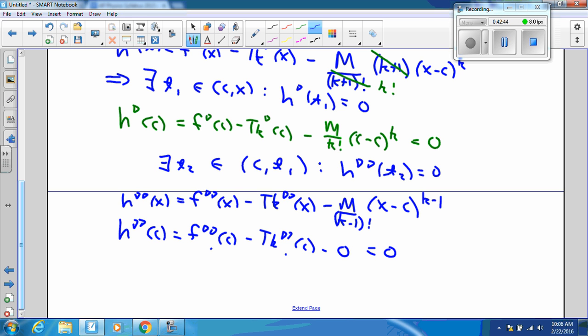And so we have a function that is continuous and differentiable, and it has two equal values at t2 and at c, so we apply Rolle, and what will we conclude from Rolle's theorem? There exists a t3 such that what?